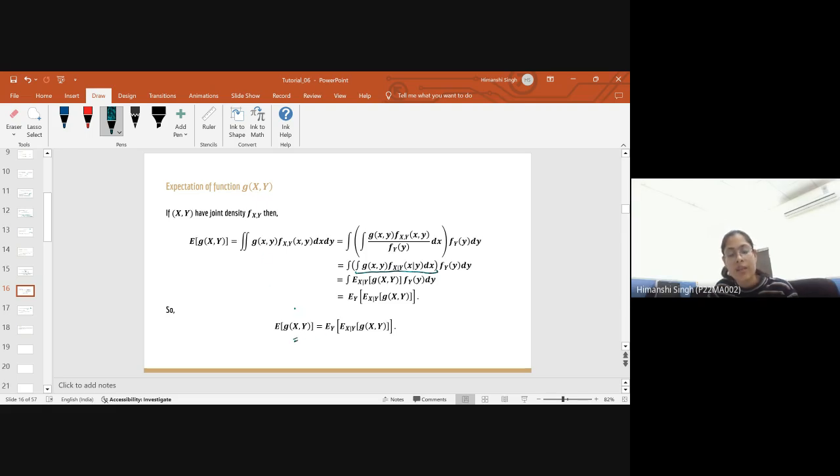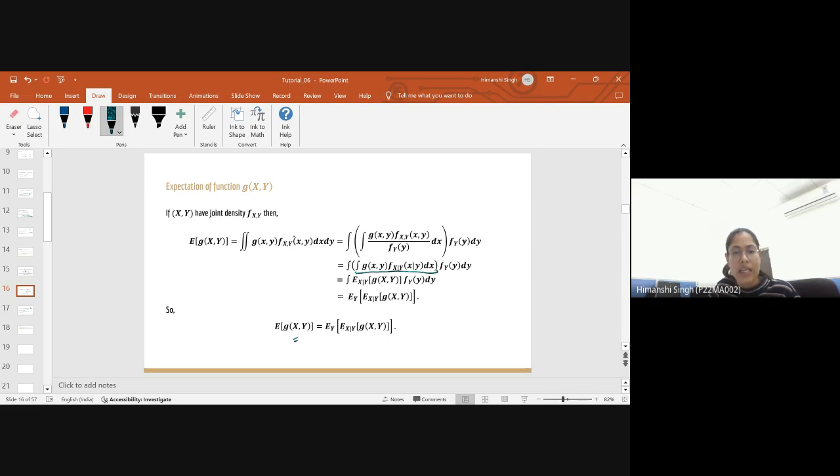There are many methods by which we can find the expected value of gxy, but all the methods depend upon whether the distributions of x and y are known, and whether it can be easily evaluated or not. So if we can evaluate the conditional distribution easily, then we will use this concept.